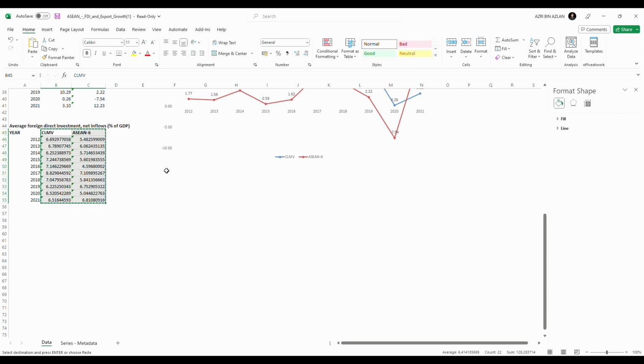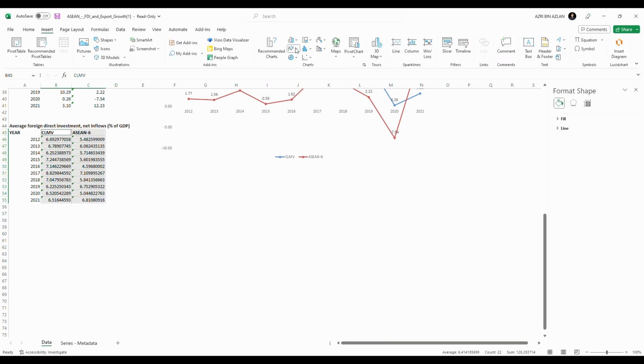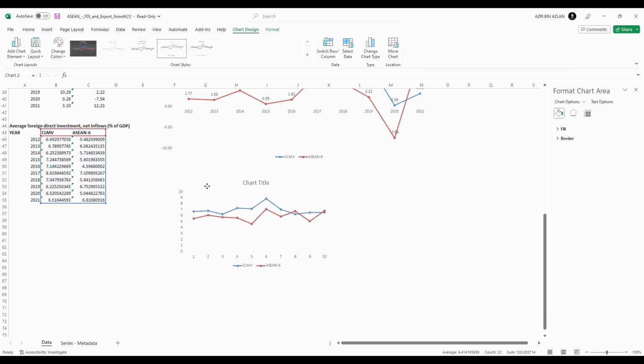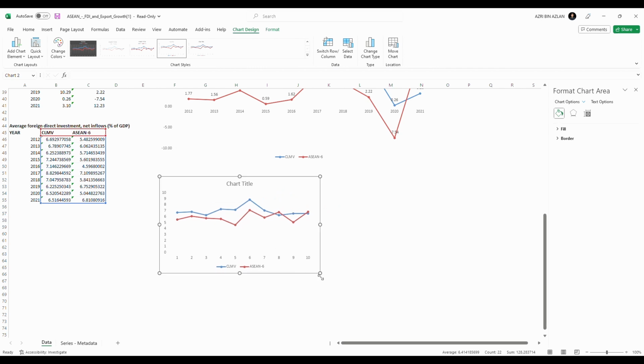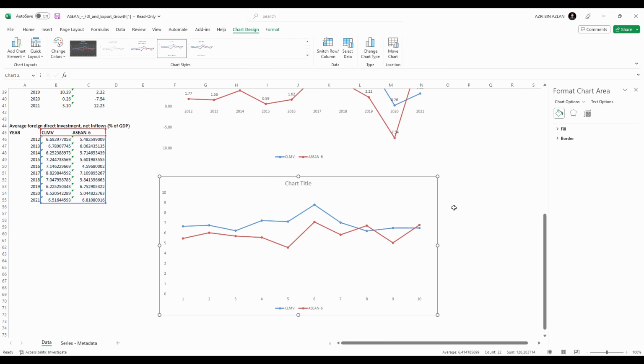For the second graph, just copy ASEAN 6, CLMV, the same step. Then after the graph appears, we change the x-axis from 1 to 10 to the years, which is 2012 until 2021.